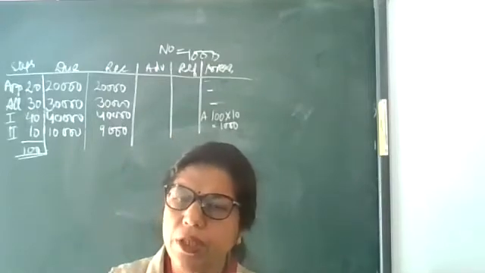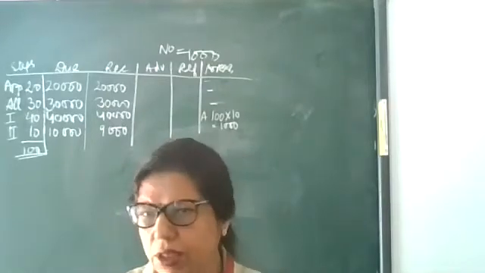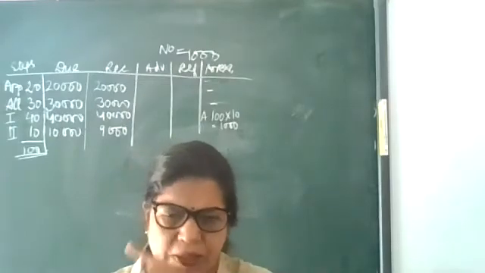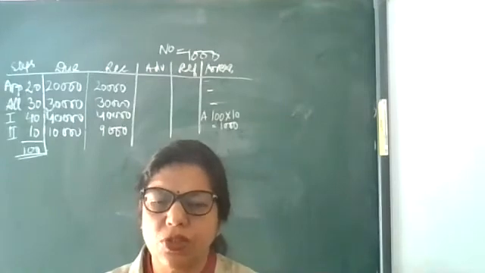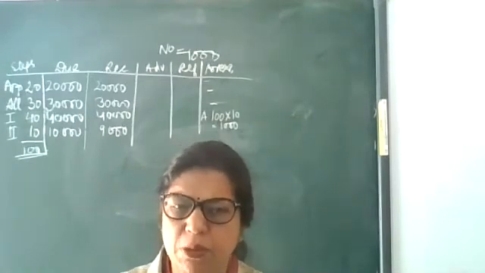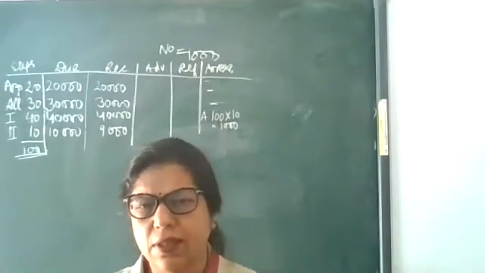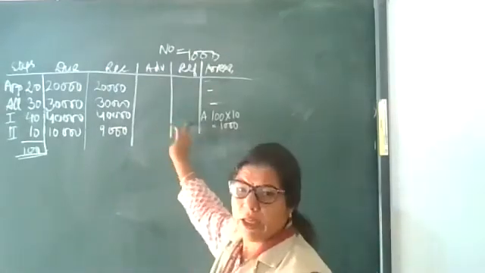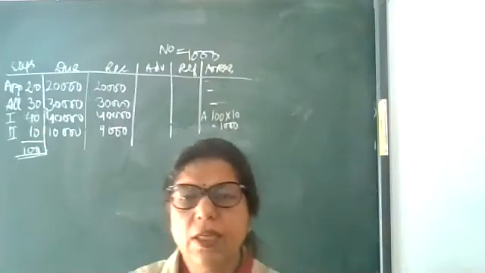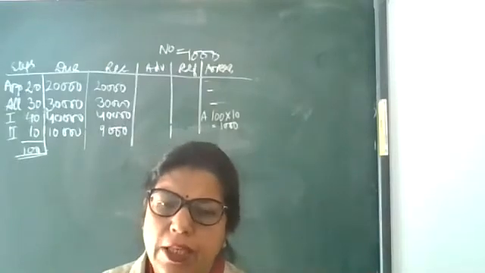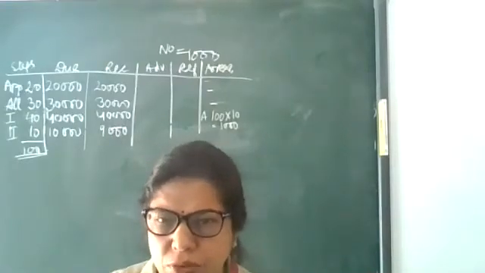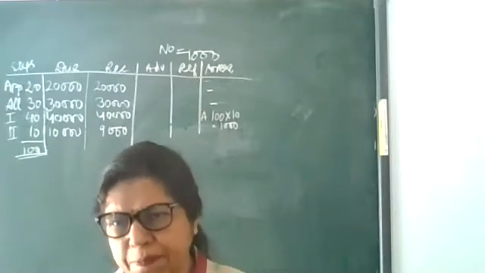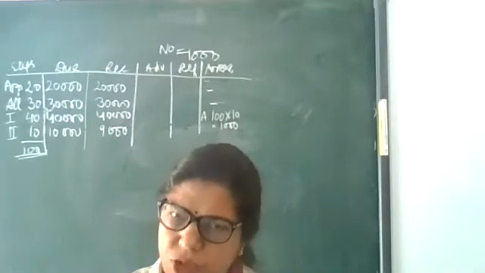My dear children, there are various reasons for arrears. Maybe the shareholder does not know about it. Maybe he is not in the country. Maybe he is unable to pay. Various reasons. And what about these two columns? Advance. If any shareholder paid an advance amount, like anyone can pay the second call with the first call, that will be put in this column.